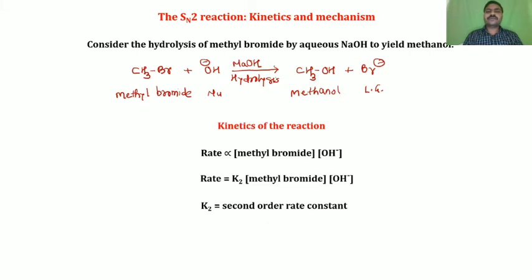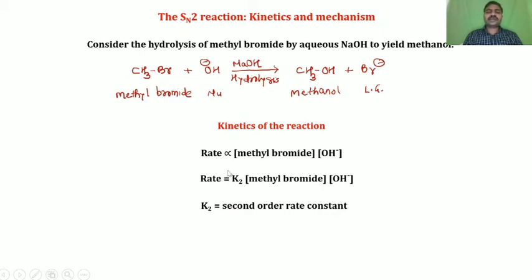The kinetics of the reaction show that the rate is directly proportional to the concentration of methyl bromide and the concentration of the nucleophile. That means here OH⁻ is the nucleophile and methyl bromide is our starting material. Therefore the rate is equal to k2 times the concentration of methyl bromide, which is the substrate, and the concentration of nucleophile OH⁻.